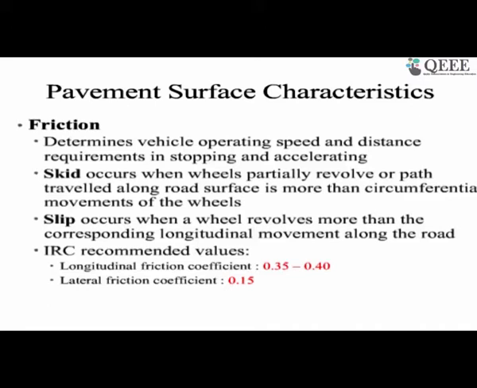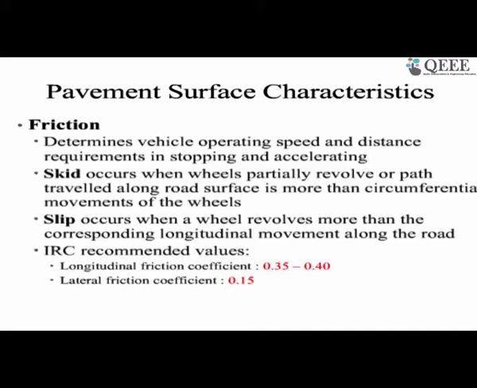So if it is low or some problem is there, what are the indicators that we don't have enough friction? One is the skid. A skid is when the vehicle skids in the direction of movement, and it can be defined as when the wheels are rotating less than the distance traveled by the vehicle. So that is when the vehicle is skidding. The other component is slip.